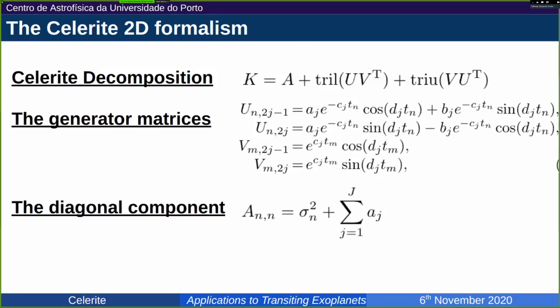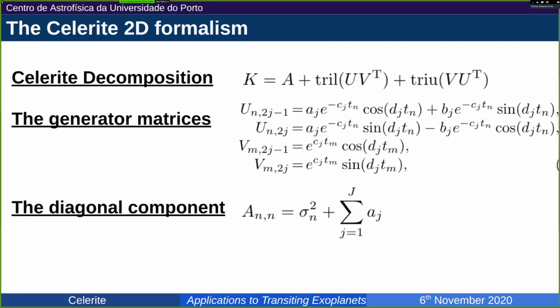So, as discussed in the one-dimensional case, Celerite takes advantage of representing the GP covariance matrix in a way that the number of operations to invert it is small. In particular, it will result from the sum of a diagonal matrix and J semi-separable matrices. The semi-separable matrices can be factorized using the Cholesky method, and the computation time will be of the order of the number of semi-separable matrices times the number of observations.